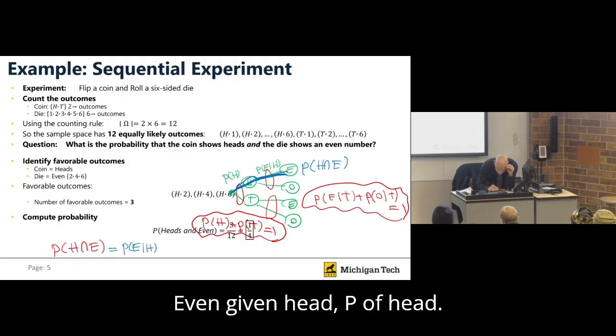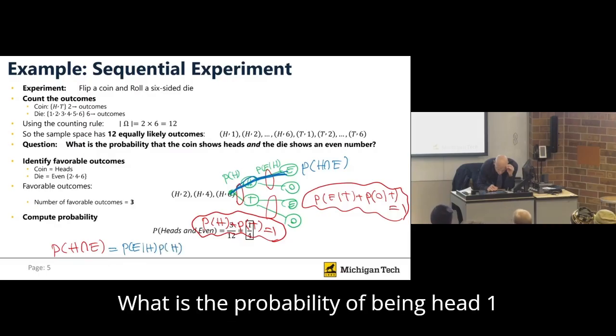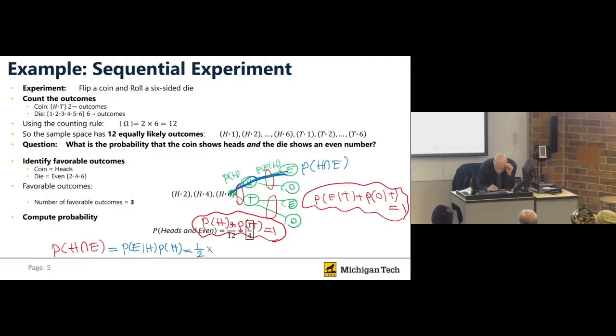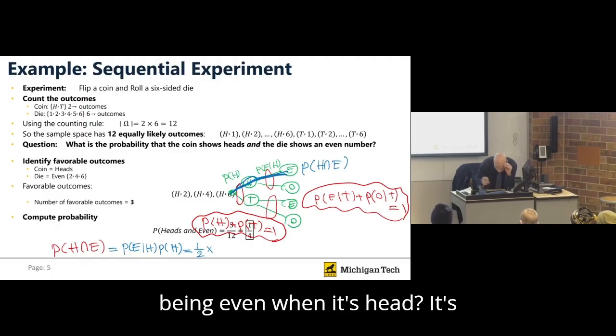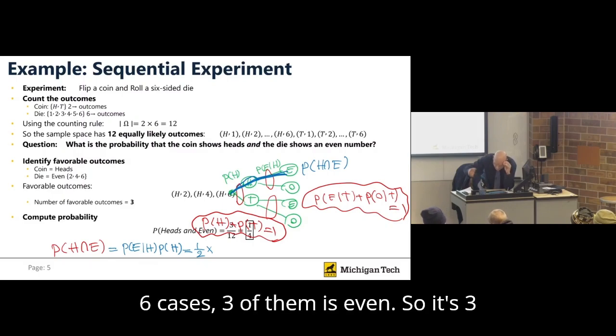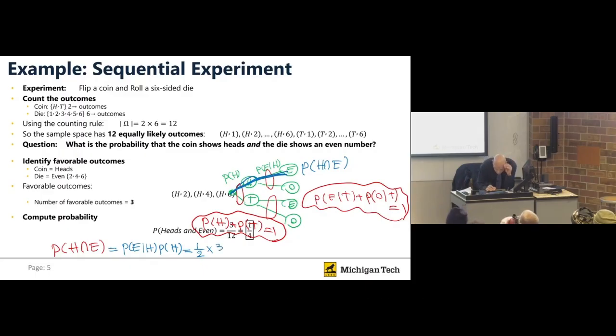So this is the second way to solve it: even given head, times P of head. What is the probability of being head? 1 over 2. What is the probability of being even when it's head? We have 6 cases, 3 of them are even, so it's 3 over 6.